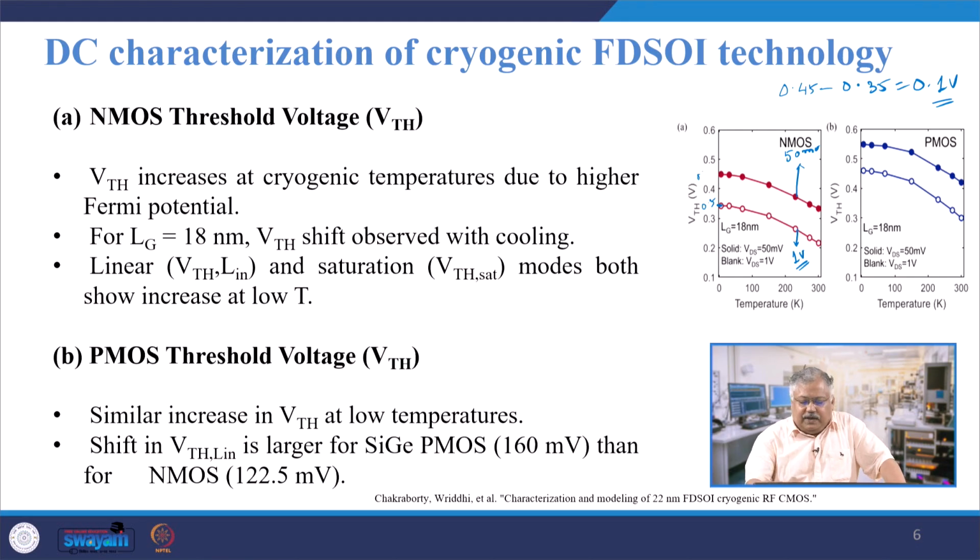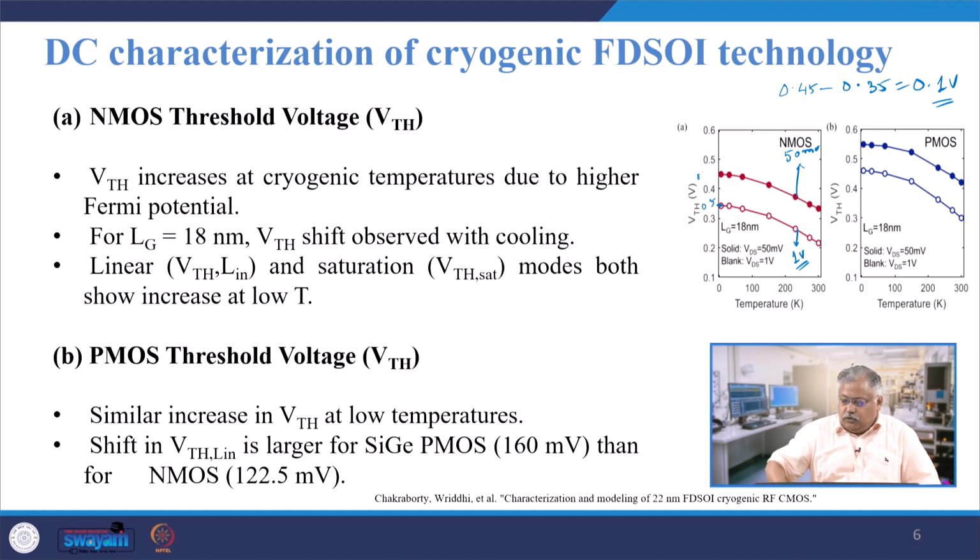Now, if you look at PMOS, the PMOS threshold voltage is obviously larger as compared to an NMOS threshold, but the difference is approximately the same between 0.1 volt and 50 millivolt. And since the DIBL effect has more to do with the distance between source and drain, the difference of threshold voltage at 50 millivolt and 1 volt is almost the same for both NMOS and PMOS, right?